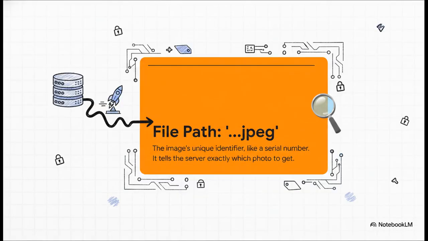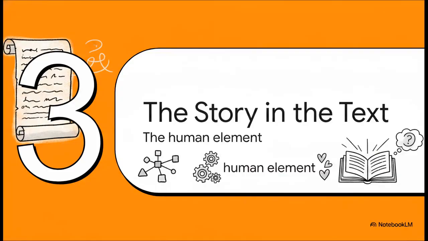And finally, we get to the file path. This long string of characters that ends in .jpeg is basically the image's unique serial number. So when your browser finally arrives at the images server, it hands over this exact code, and the server knows to pull that one specific photo of the Kennedy Space Center out of literally millions of other files. So we've just decoded the technical address of the image.